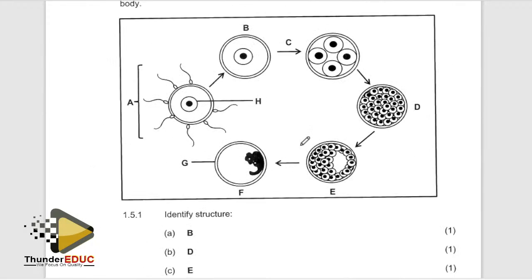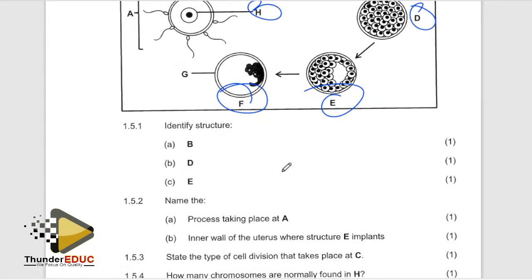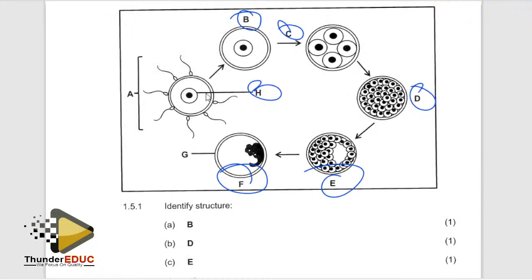I emphasized this process. This is the zygote, mitosis, ball of cells, morula, blastula, and then this is implanted. Yes, so it has been implanted. Okay, what is structure B?